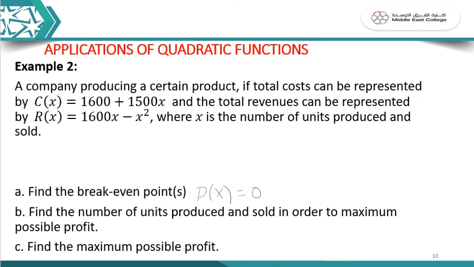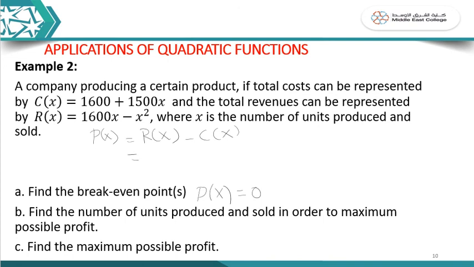What do we mean by p of x equal to 0? It means the profit is equal to 0. He already gave you c of x and r of x, so the profit p of x is equal to r of x minus c of x, revenue minus the cost.